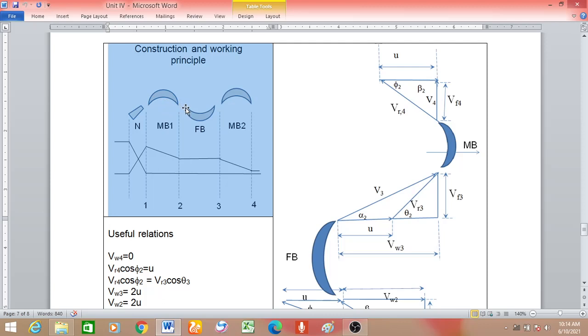Then again it goes to the fixed blade, its direction is retained, in the same direction as for the first set of moving blades, you can see. And again it leaves something like this. So this is the flow direction of the fluid. You can see the shaft is oriented like this, in this direction the shaft will be.